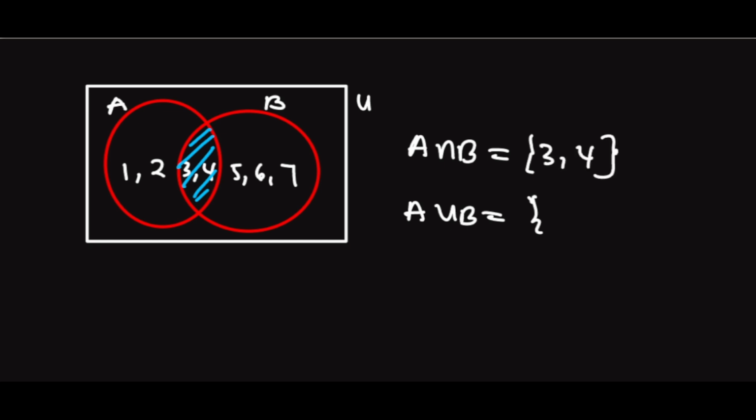Then for the union, we need to write all the elements in both A and B, and that includes 1, 2, 3, 4, 5, 6 and 7. Okay, they are coming from here. 1, 2, 3, 4, 5, 6 and 7. So that is how to find the union and intersection from a Venn diagram.